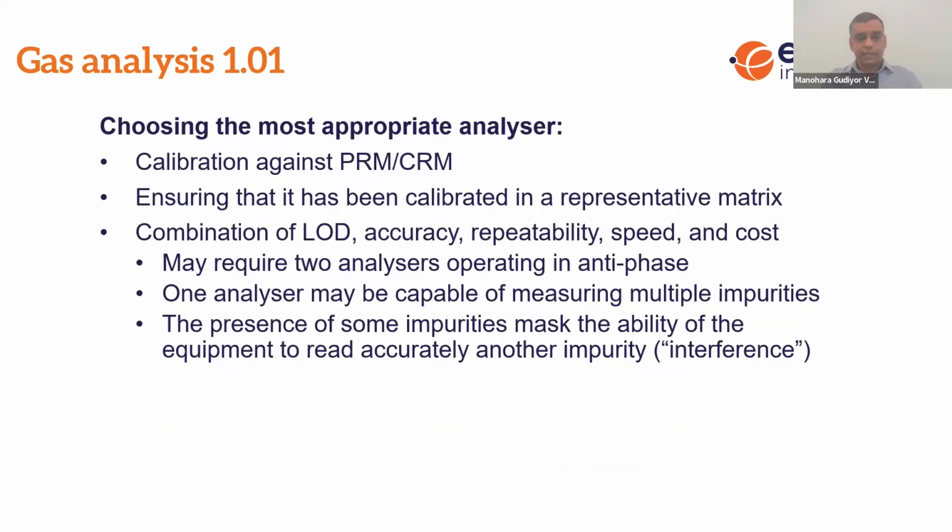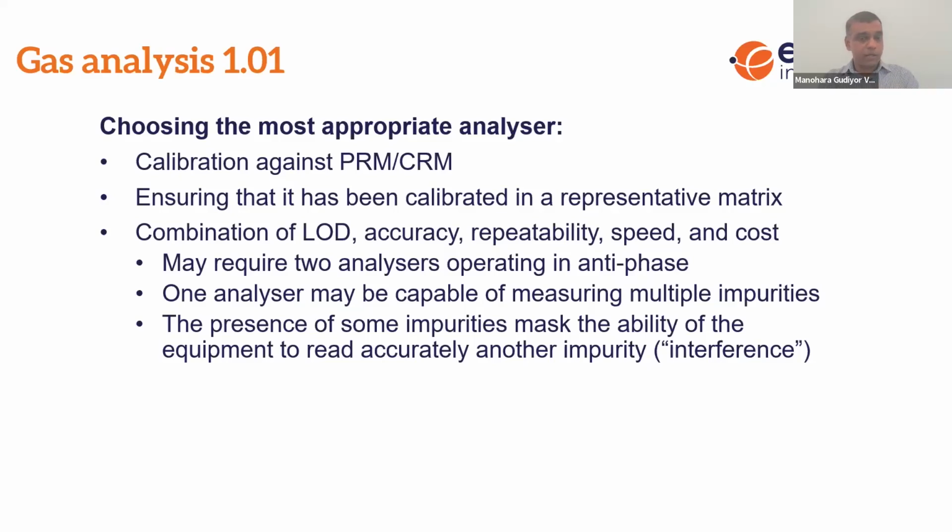Finally, what is most important for doing a CO2 analysis? You need to work against PRMs or CRMs for calibration. Ensure that this is calibrated in a representative matrix, not using either an air or a nitrogen matrix. That's not going to give you accurate results. Then you need to check various analytical parameters, such as limit of detection and limit of quantification. You can have a minimum number of analytical criteria to check, based on the outcome that you're expecting.